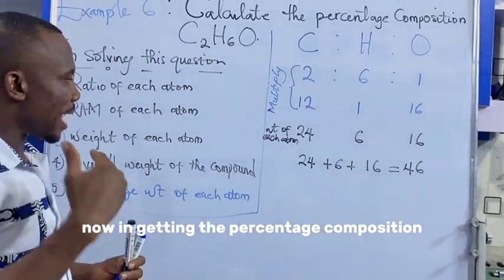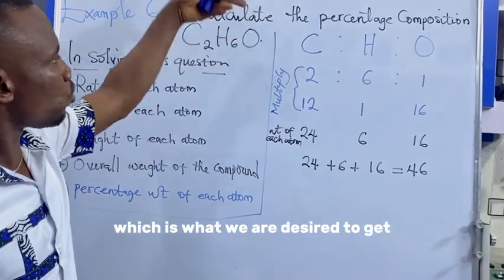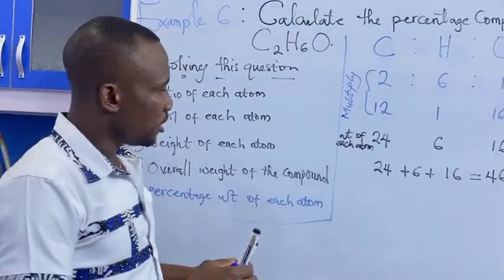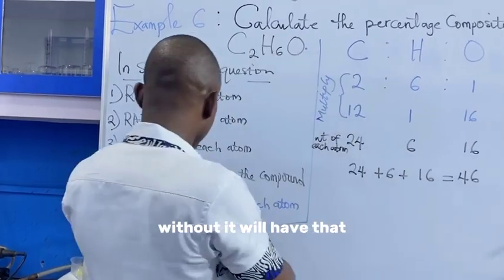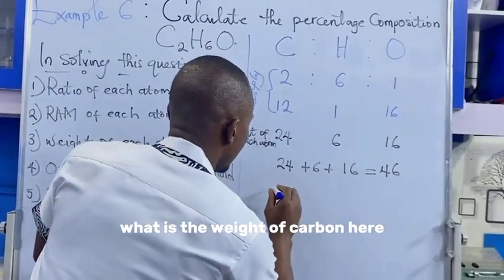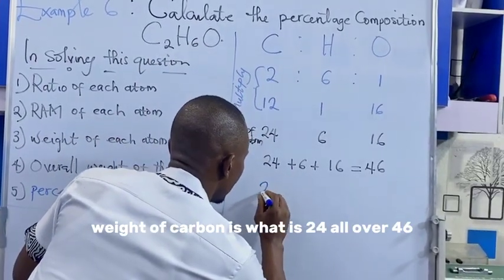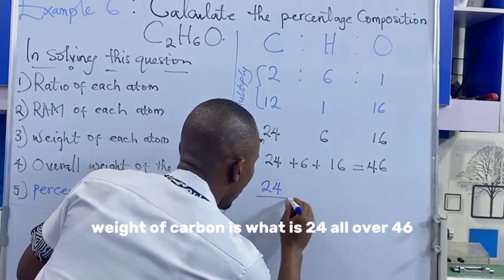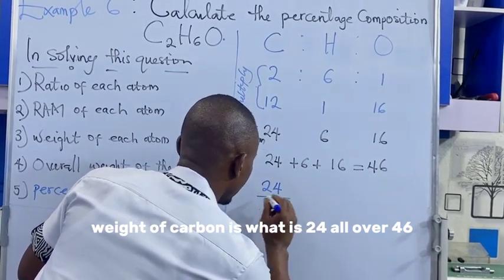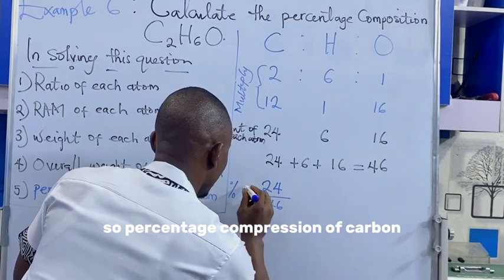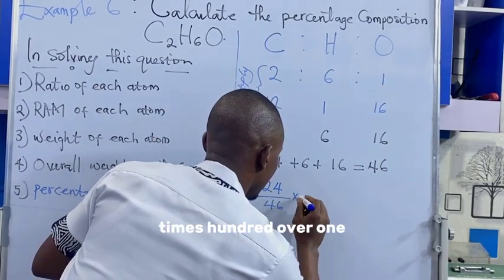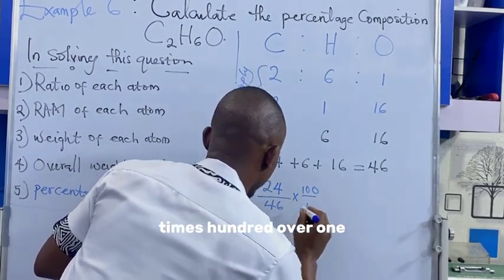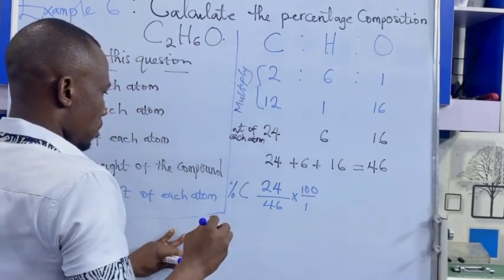Now, in getting the percentage composition, which is what we are desired to get, what is the weight of carbon here? The weight of carbon is 24 all over 46. So the percentage composition of carbon is 24 over 46 times 100 over 1.